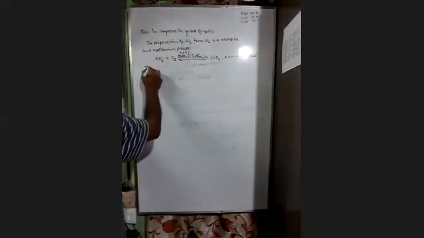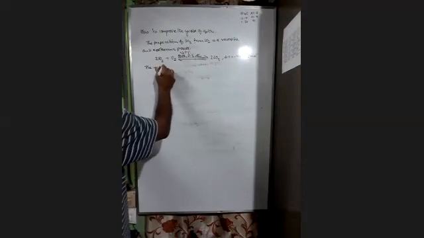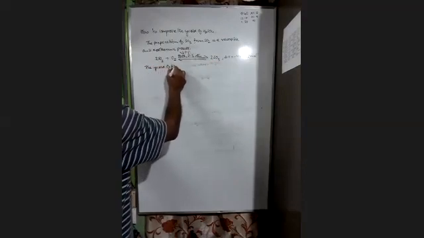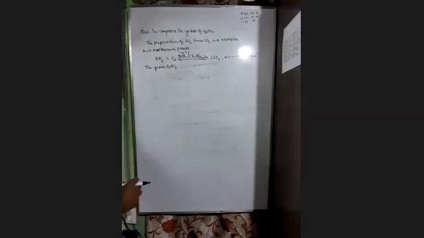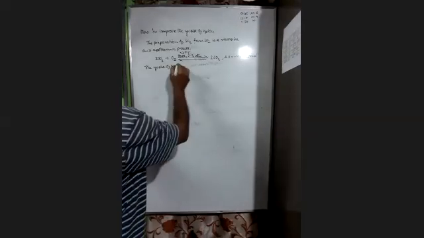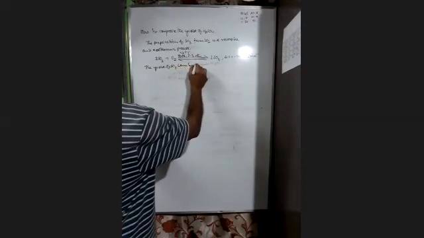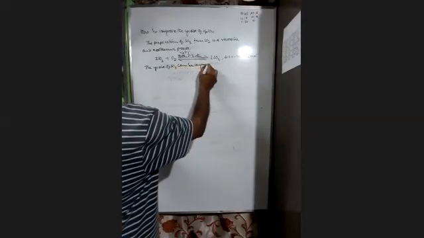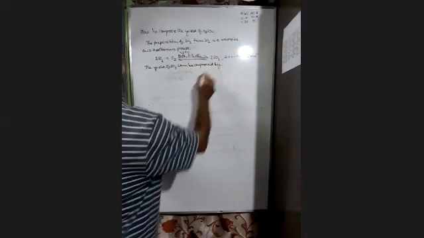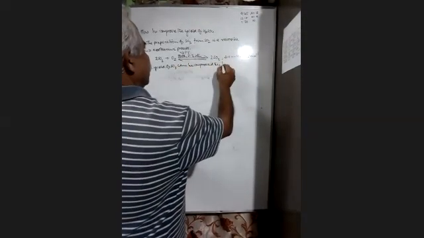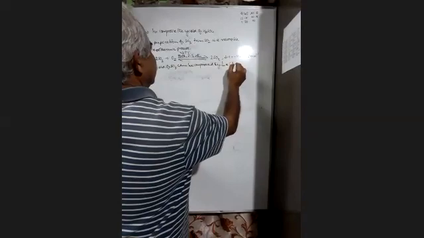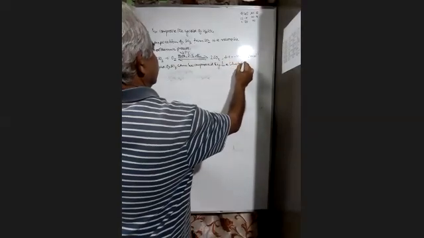The yield of sulfur trioxide, see, ultimately from here only you are getting sulfuric acid. So if this is more, sulfuric acid is also more. The yield can be improved by Le Chatelier's principle.